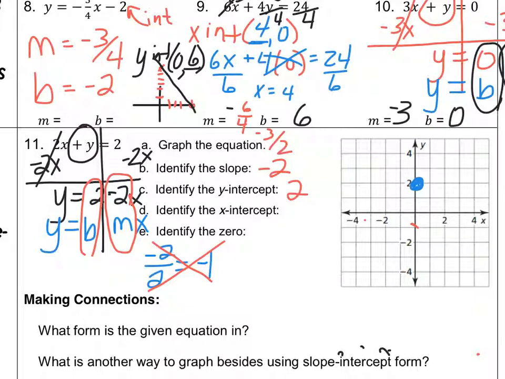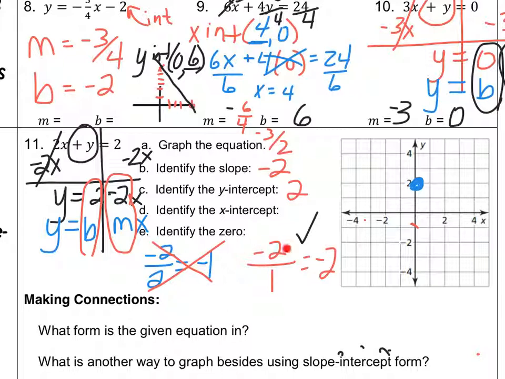So when we have something like a -2 slope and it's not over anything, it's always going to be over 1, because -2 over 1 still equals -2. So we know that that's the correct slope. So our rise over run, our rise is -2, our run is 1.